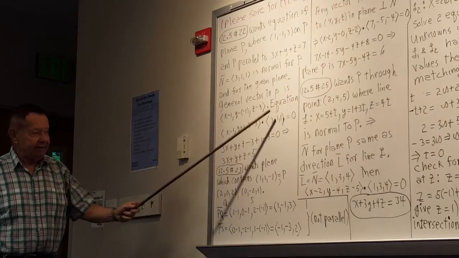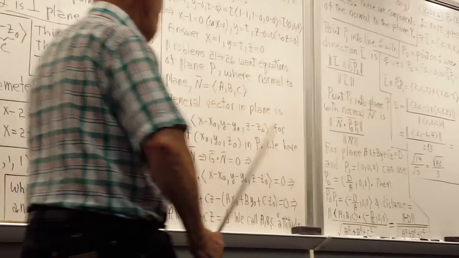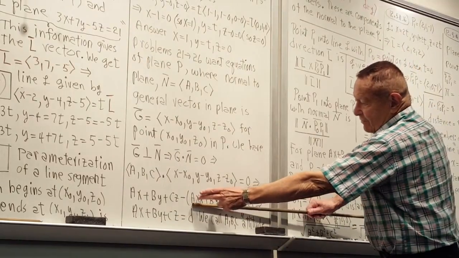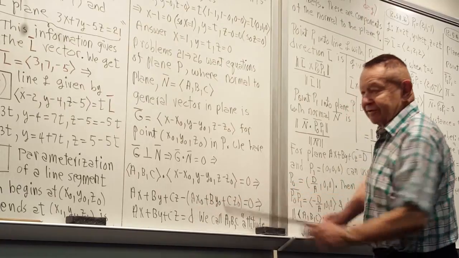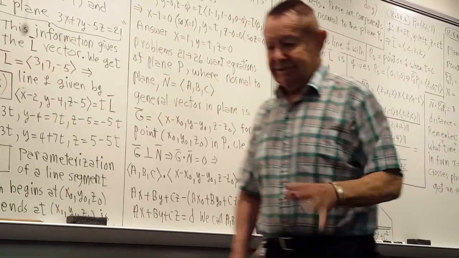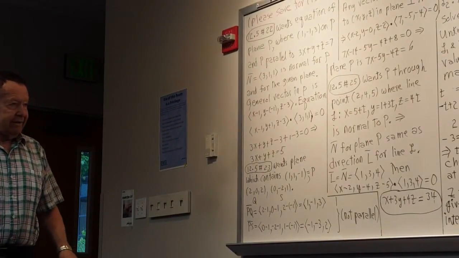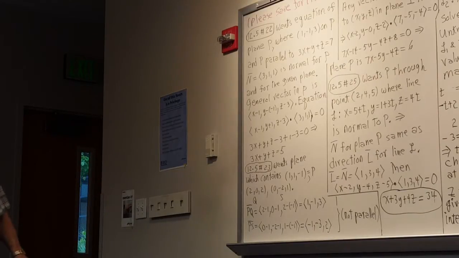This d value, which is this dot product of the normal and the position vector from the origin, that's not the distance. That number doesn't equal the distance to the origin, but it's related to it, and we'll see what the relationship is. It's on the board there.